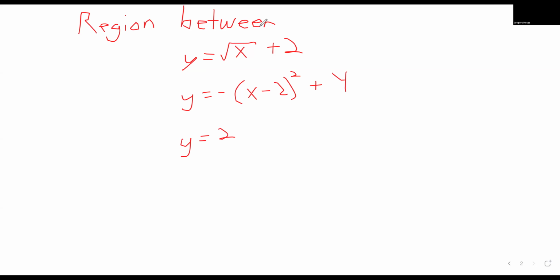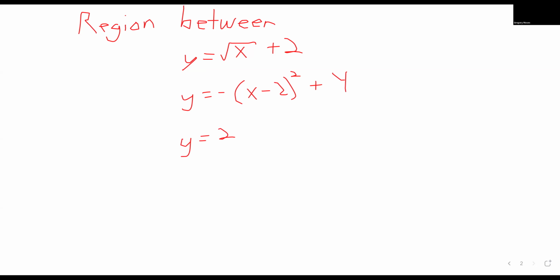And we probably don't have much intuition about what this region looks like. Certainly I don't. So let's go to our graphing application.